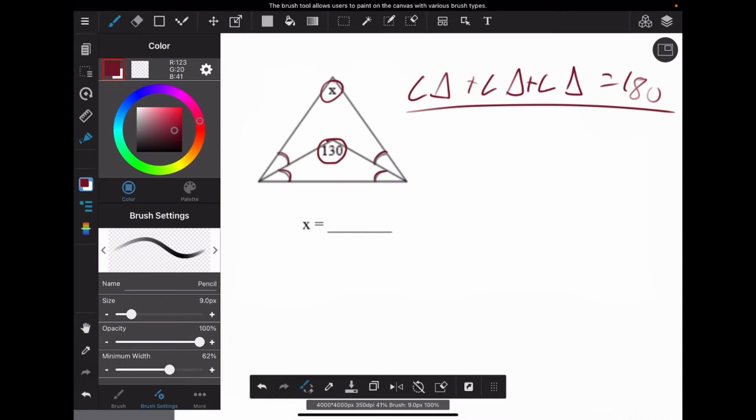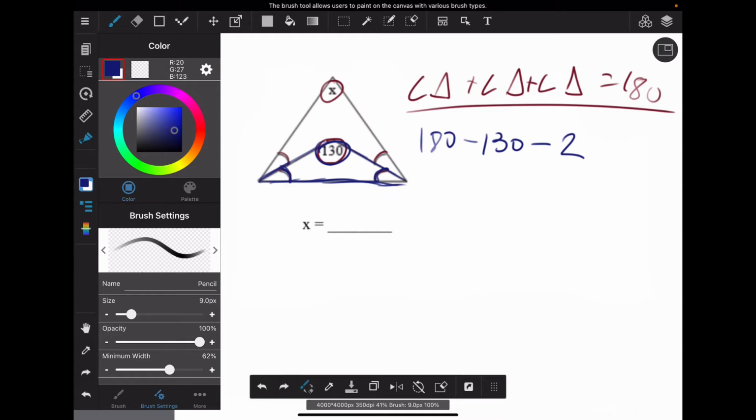So to solve this problem, we're first going to want to find the measure of all the angles inside this little triangle here. So if we know that all the angles add up to 180, and we know that this angle is the same as this angle, then 180 minus this 130 minus 2 times the measure of this angle.